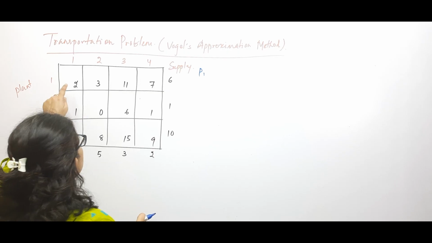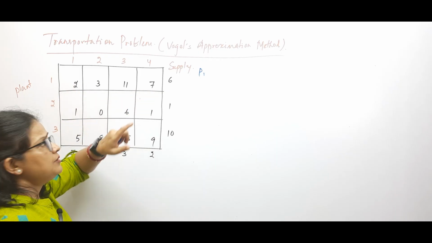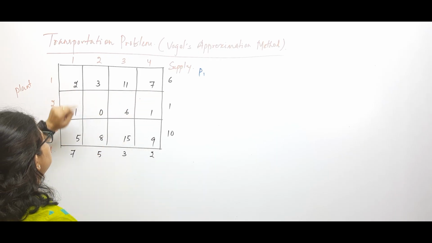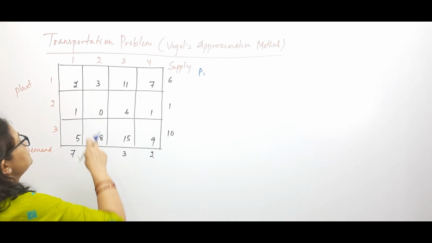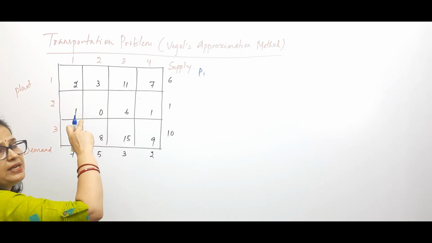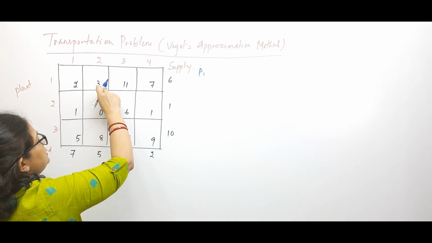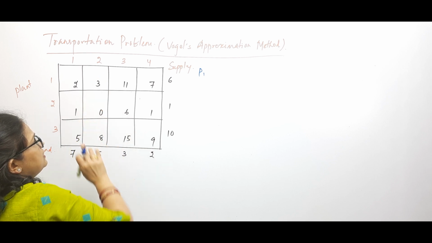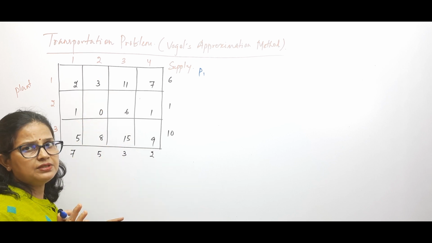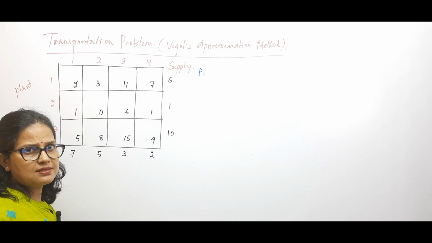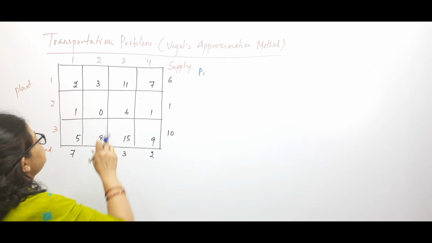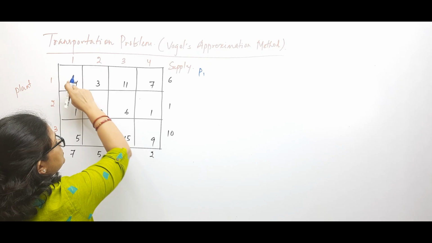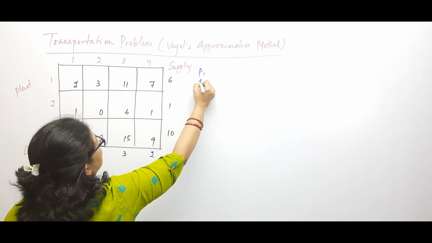For this row, the least cost is 2 and the next least cost is 3. So we have to take the difference between the least cost and the next least cost. So 3 minus 2 is 1.